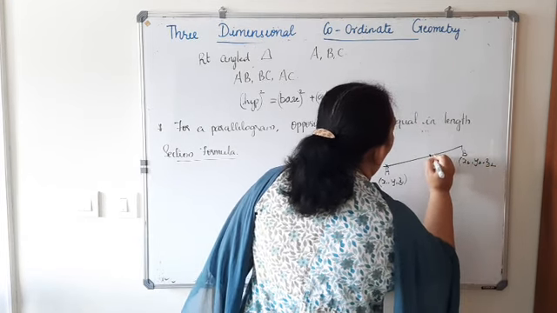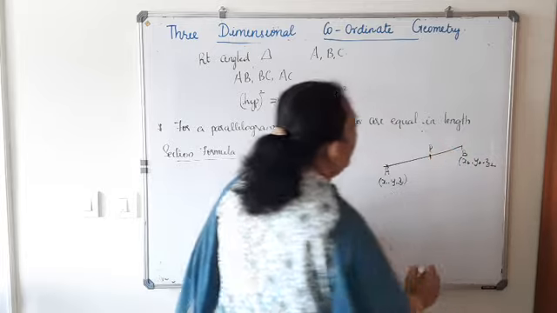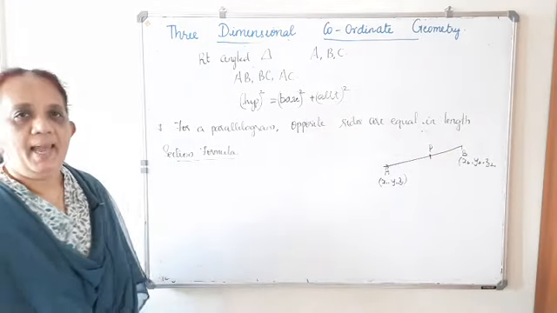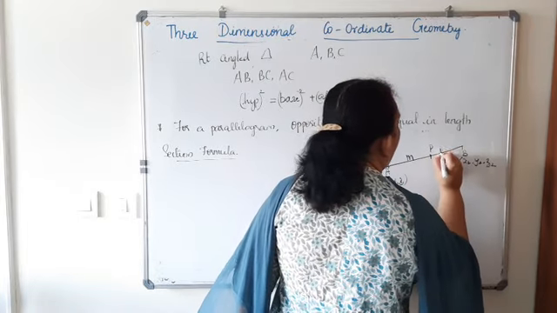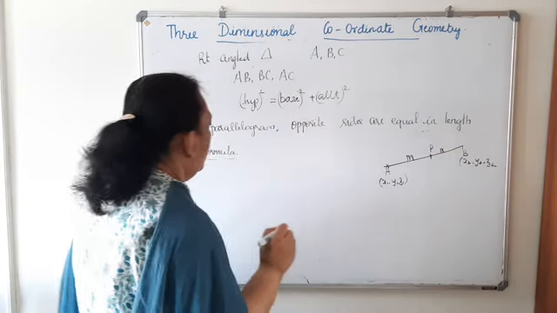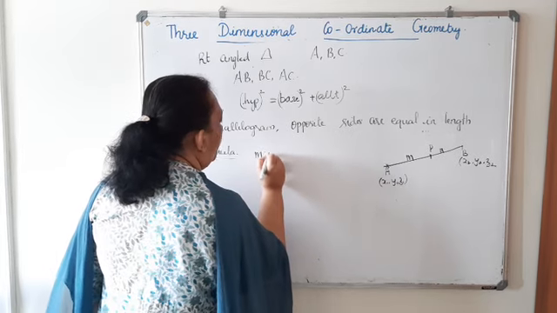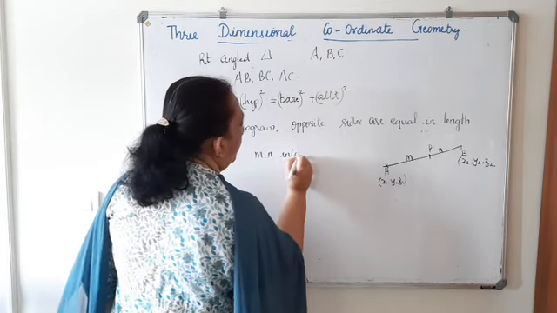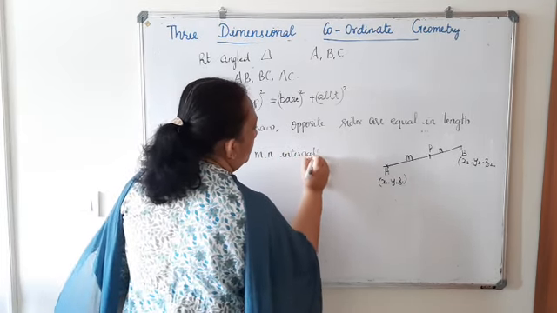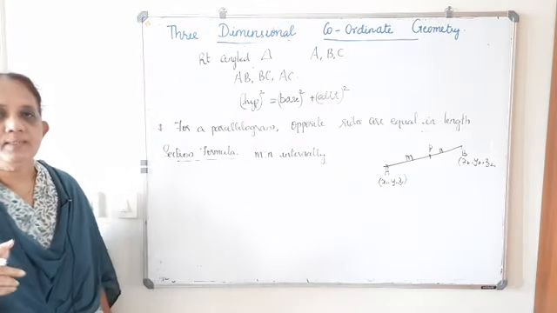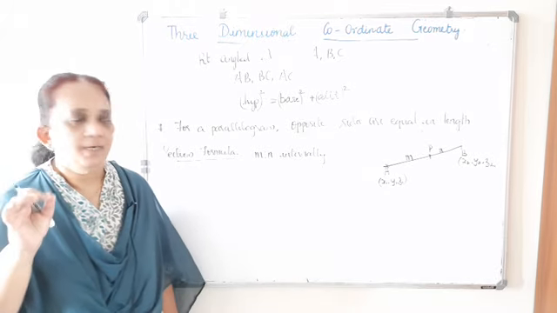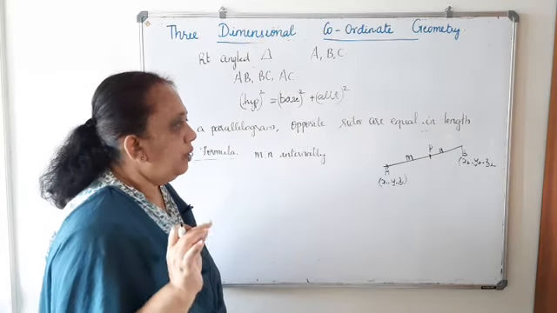Now a point P divides the join of A and B in the ratio m is to n internally. That means the join of A and B is divided into two parts in the ratio m is to n.